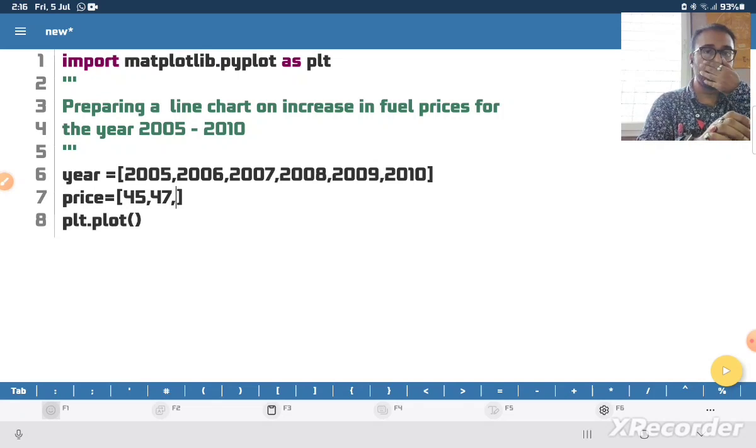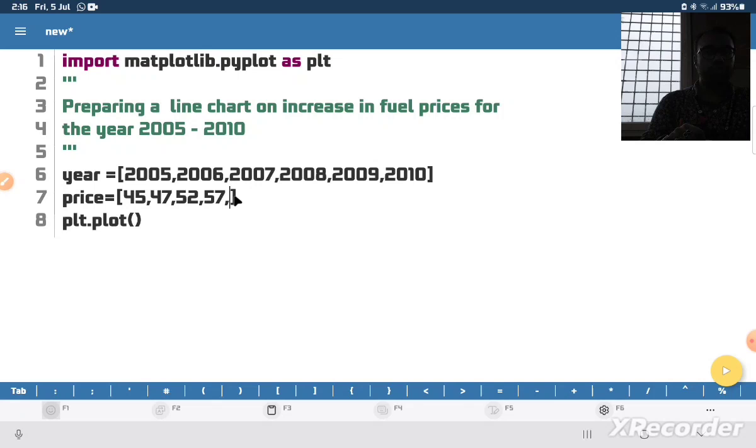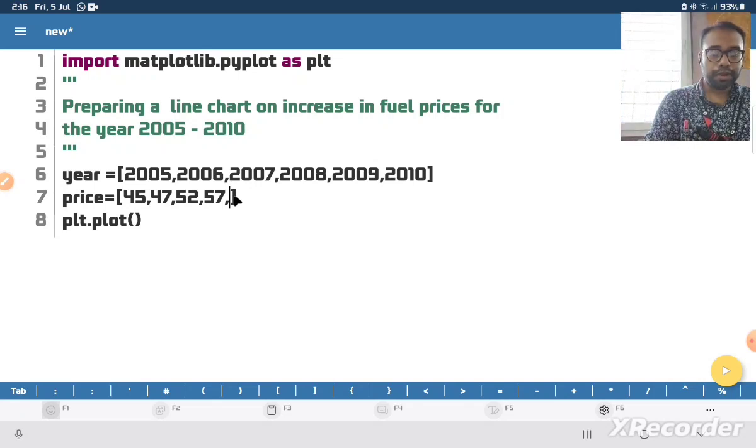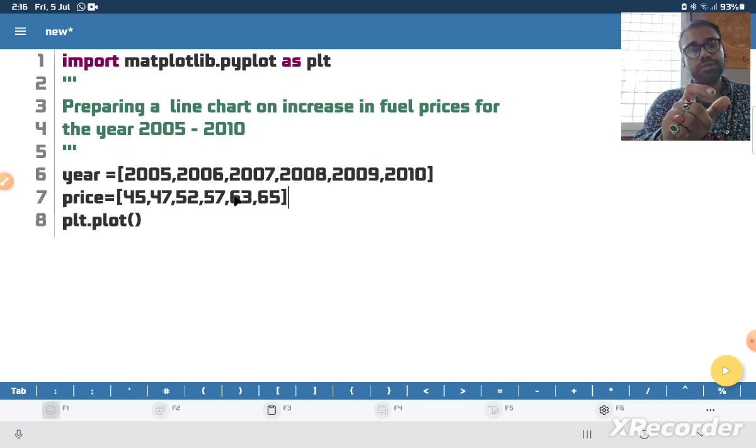In 2007, it became 52 rupees. 2008, it became 57 rupees. 2009 it became 63, and by the time we reached 2010 it became 65 rupees. Okay, so cheap it was, just see.